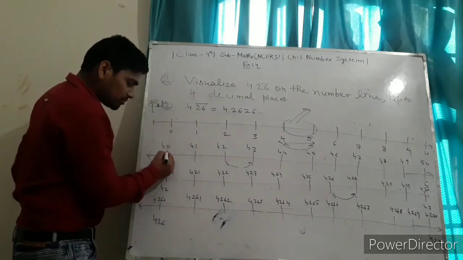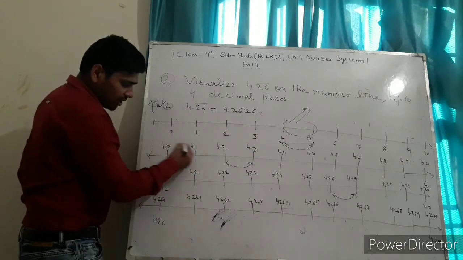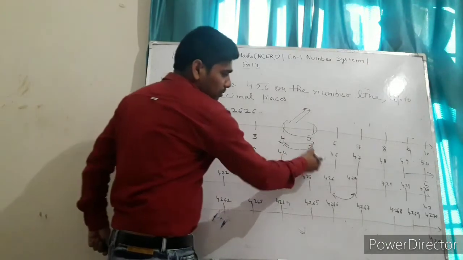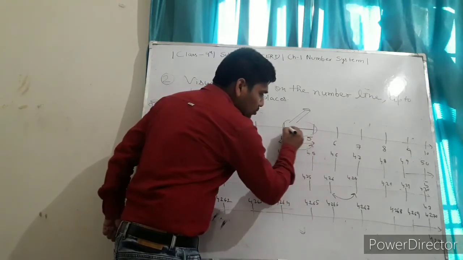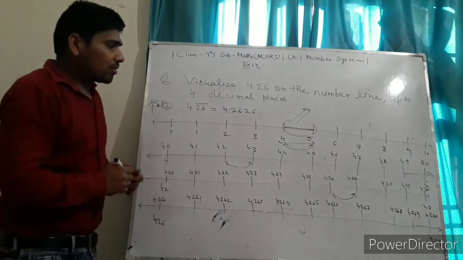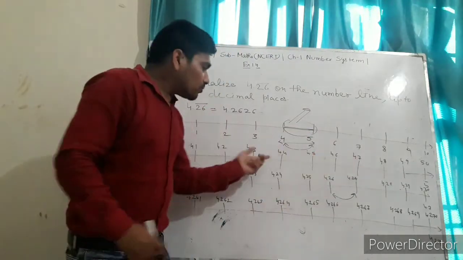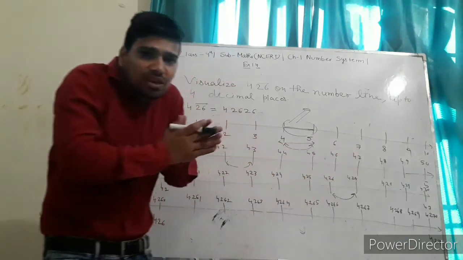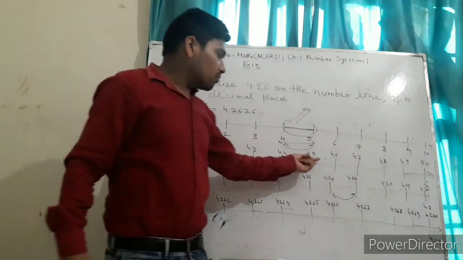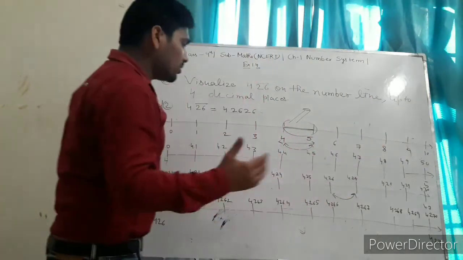We divide this part into 10 equal parts, and it looks large because we are magnifying it. So we get 4.1, 4.2, 4.3, 4.4, 4.5, 4.6, 4.7, 4.8, 4.9 and 5.0.